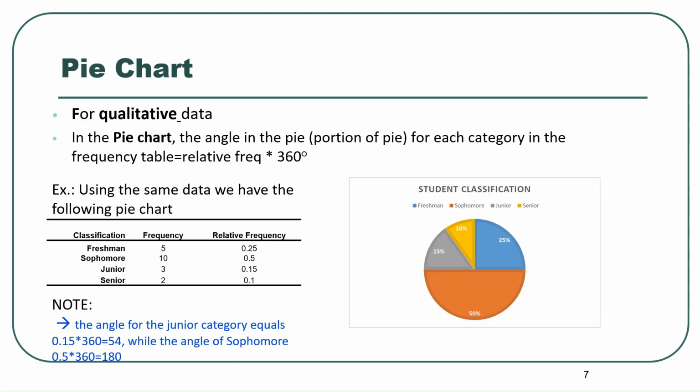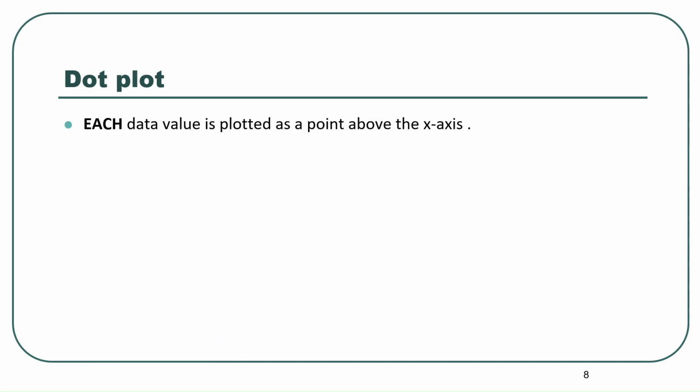So let me move to our second type of plots that are suitable for quantitative variables. The first one is a dot plot. In a dot plot, you will represent each value in your data by a dot above the x-axis. And again, this plot is suitable for small data sets, like 30 or 40 observations only, maybe 30 only.